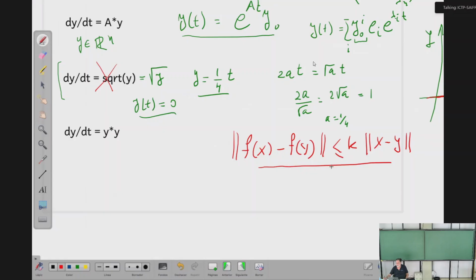And if you have a function that is Lipschitz, we are going to use that when we prove existence, this condition, then you guarantee that the solution is unique. So from now on, we are going to ask our equations to be f such that they are Lipschitz. That's what we need.